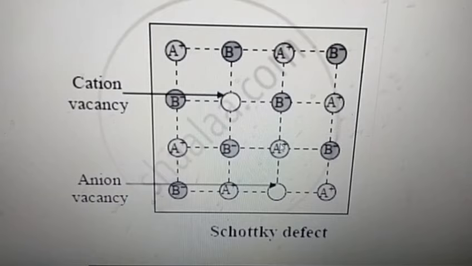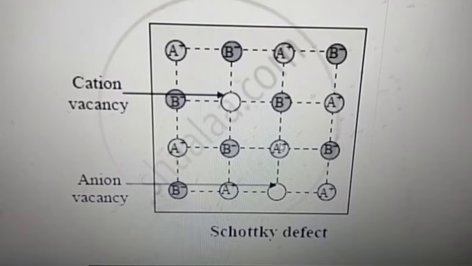So the number of such defects in ionic solids is quite significant. For example, each point in a lattice is called a lattice point or lattice site. Already we know that. For example, if we take NaCl, in NaCl there are approximately 10 to the power of 6 Schottky pairs per cubic centimeter at room temperature.